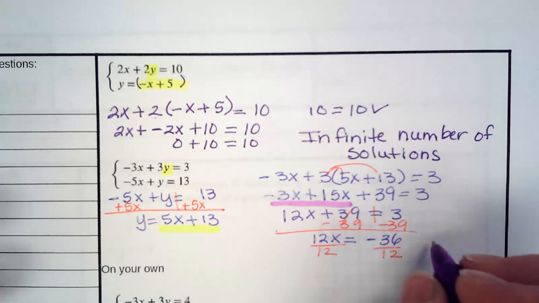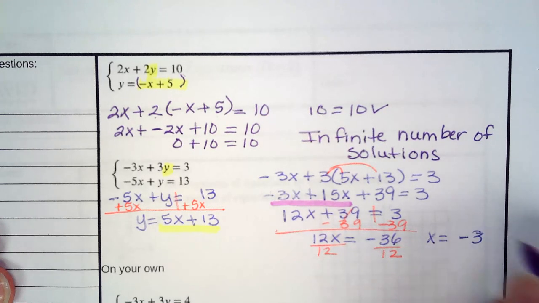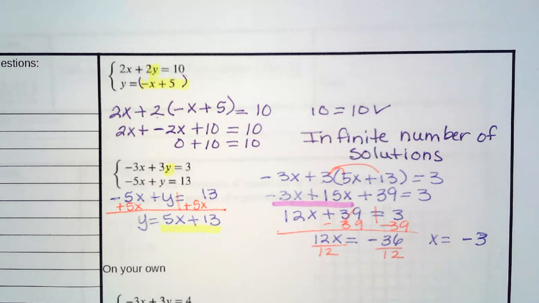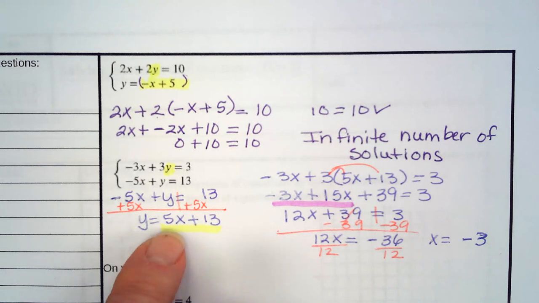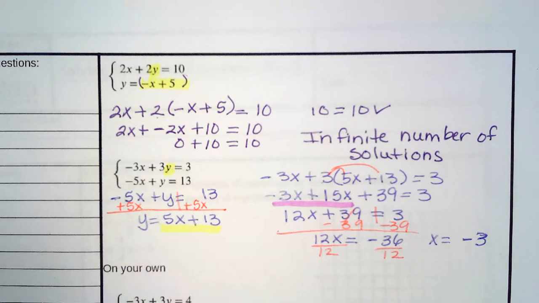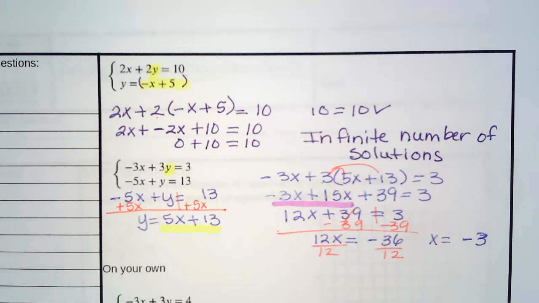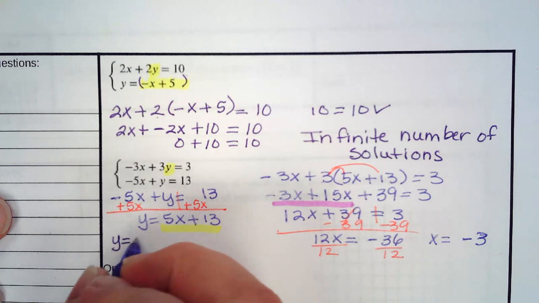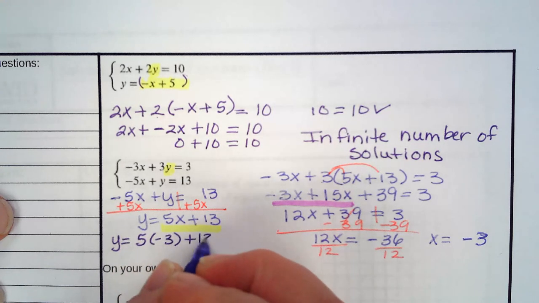And x is equal to negative 3. Okay, now I still have to find y. But I've solved for y here, so I can substitute here and find the correct answer. So y is equal to 5 times negative 3 plus 13.